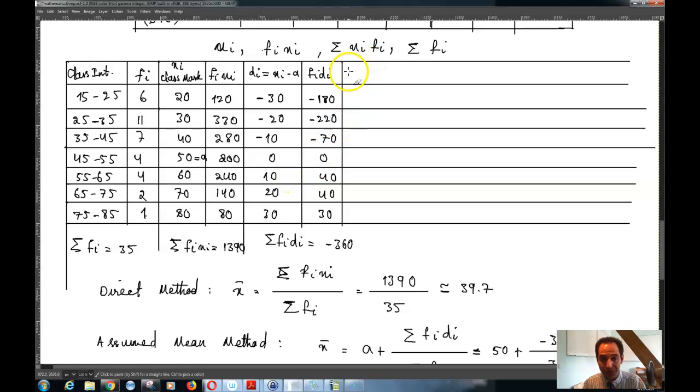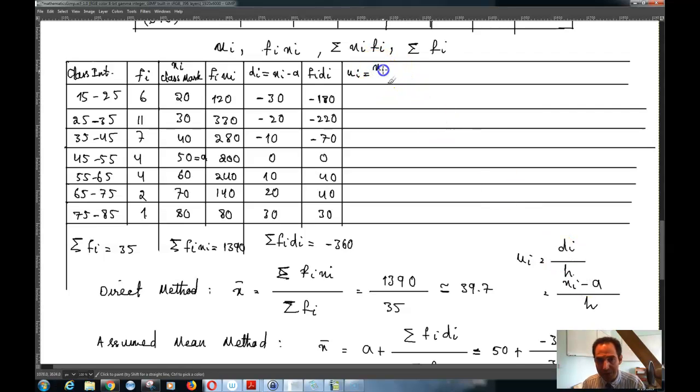So if I define u of I as d of I divided by h, by the class size, I can write that as x of I minus a over h.